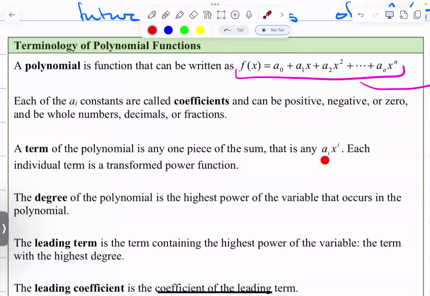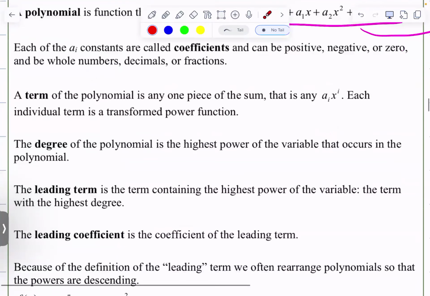Any a_i x to the i is called a term. Any individual term is just a power function. We've seen those before. We can add them, we can subtract them, and we know what each one individually looks like. It's just when we link them together that they have different behaviors.